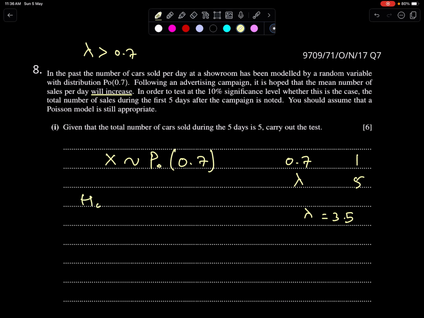So H0, H1. H0 lambda is 3.5 and H1 lambda has increased from 3.5. Here you can say lambda has not increased.